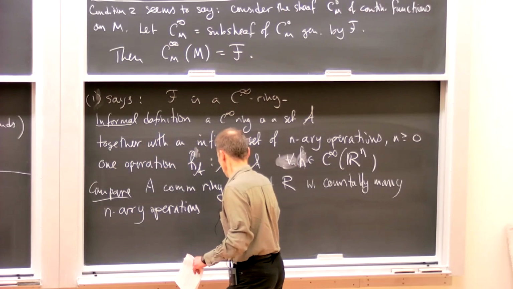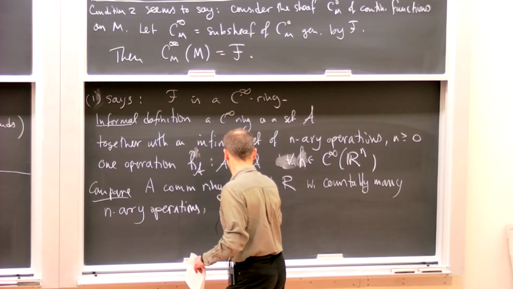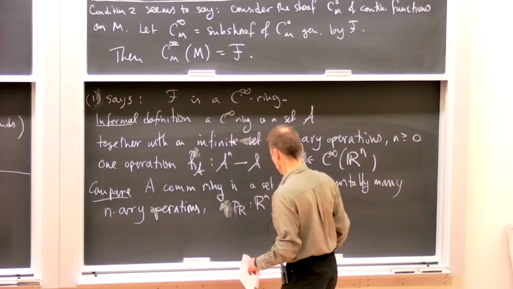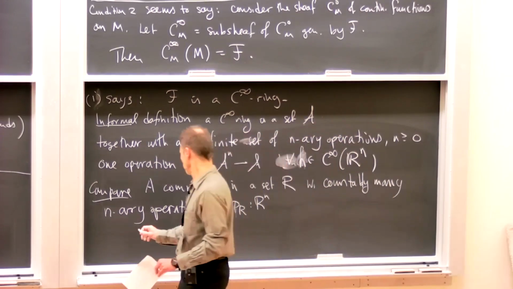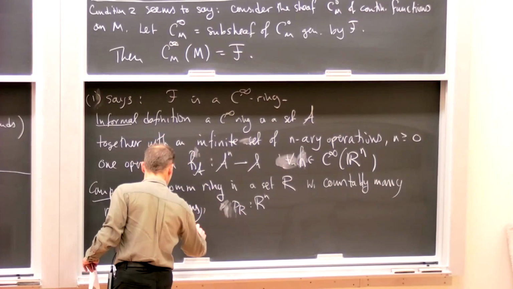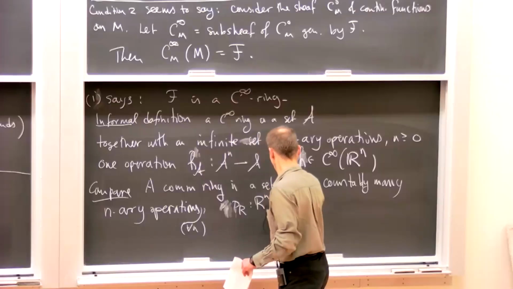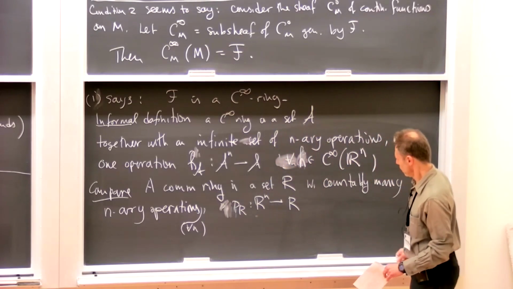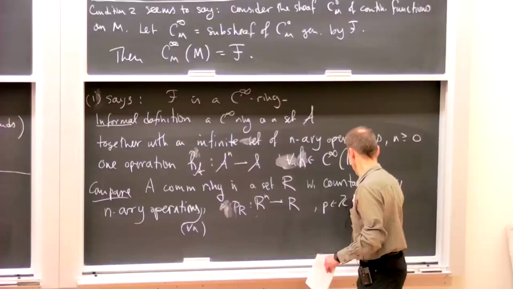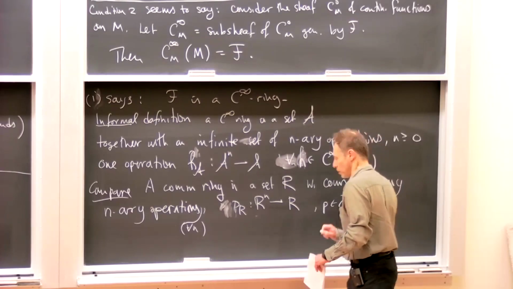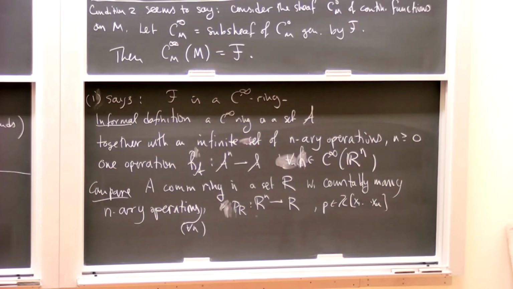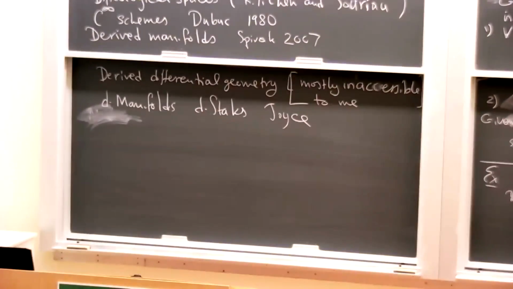Let's call it P sub R. It will go from R to the n to R, for all n, and P should be a polynomial with integral coefficients. Right? I can define commutative rings this way. Nobody ever does. But it's equivalent. Is this okay? All right.